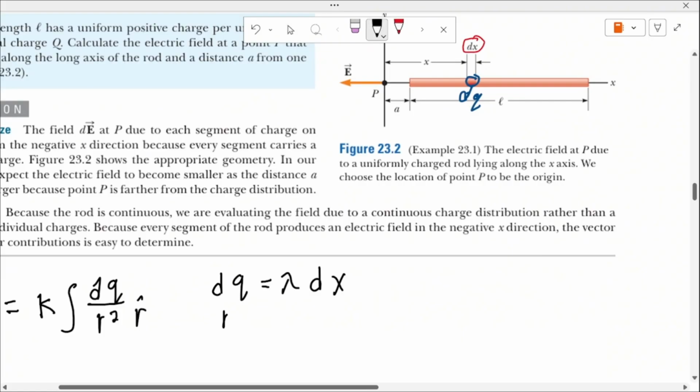And r is simply x, because the rod is on the x-axis and our origin begins right here. Now, even though it's a distance a away from the origin, we can fix that by just making our bounds from a to a plus L, this point right here, on our integral.